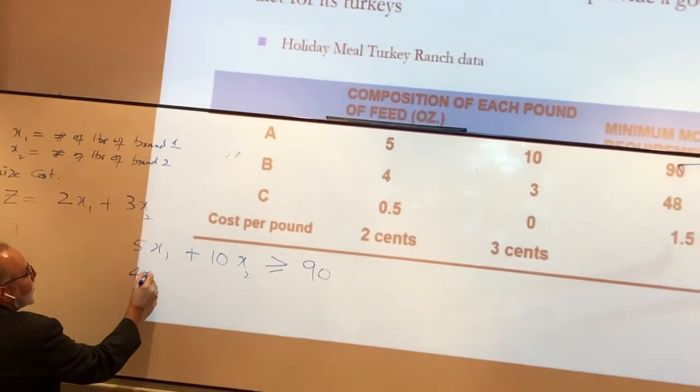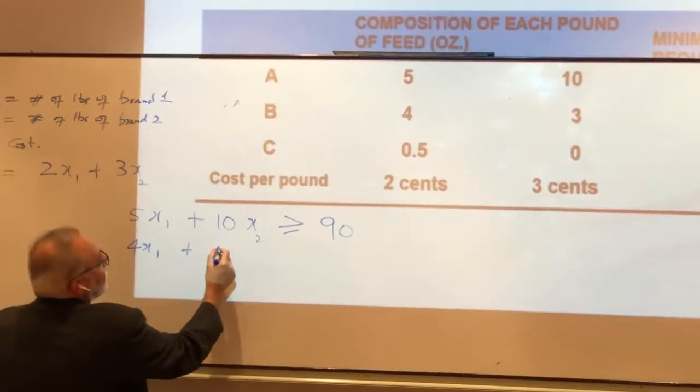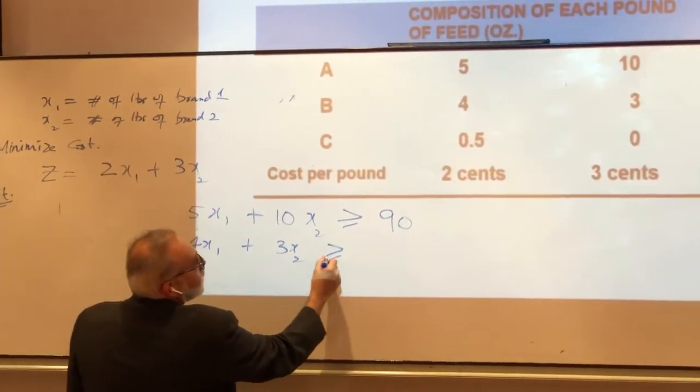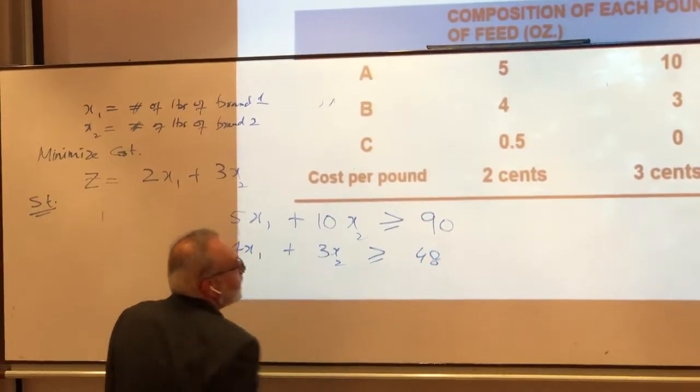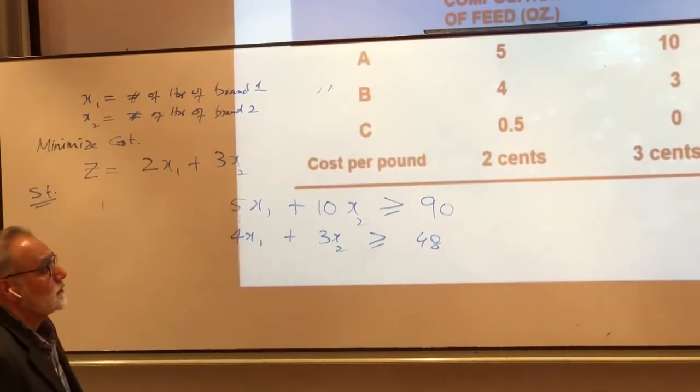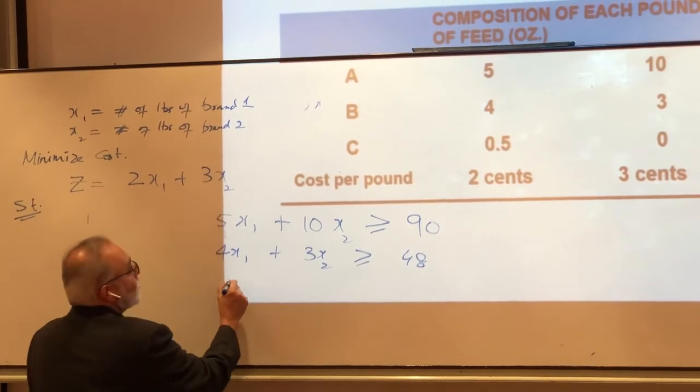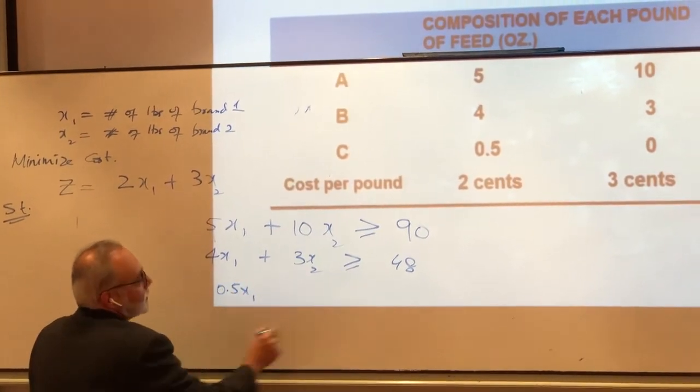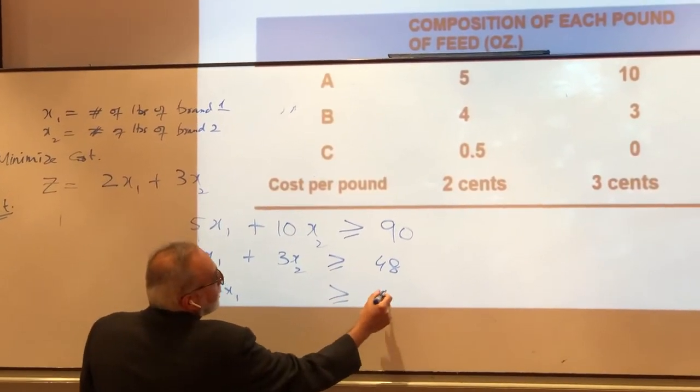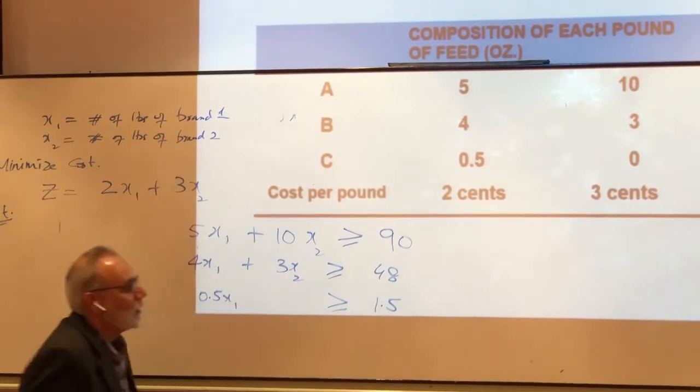Then we have 4x1 plus 3x2 greater or equal to 48. And the last constraint is 0.5x1 greater or equal to 1.5.